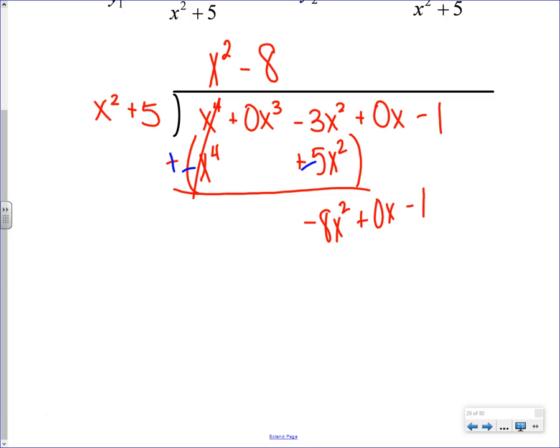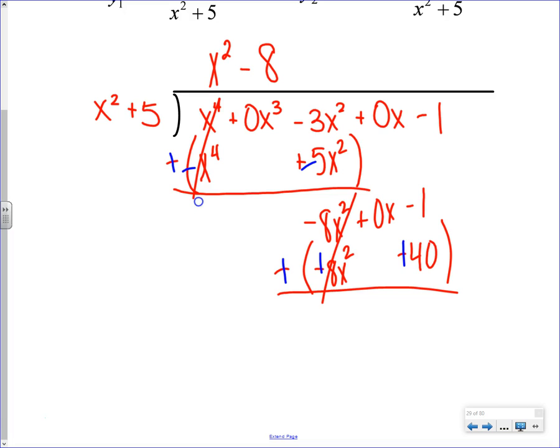I get it. Careful. You must distribute the negative. And negative times a negative is a positive. Bring in the negative. Gotta fix the signs. Negative 8x squared plus 8x squared?